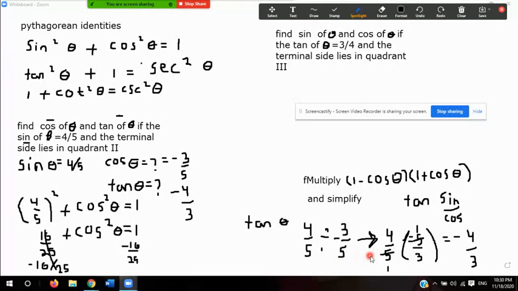Whenever we're dividing fractions, we multiply by the reciprocal, so I turn this into negative 5/3. I cross cancel the 5's, which would be 1. So 4 times negative 1 is negative 4, and 1 times 3 is 3, meaning that the tangent of theta is negative 4/3. Now I'm going to clear up some of the space here.